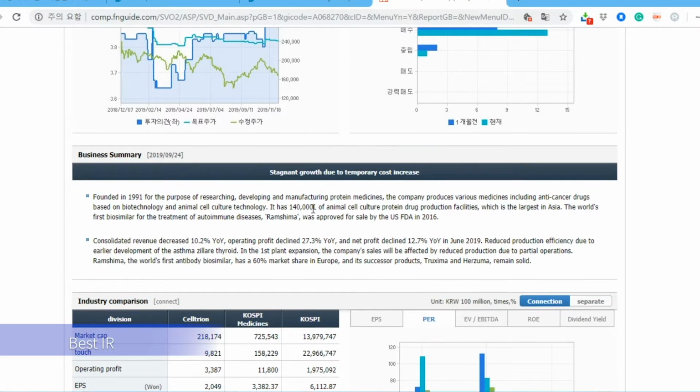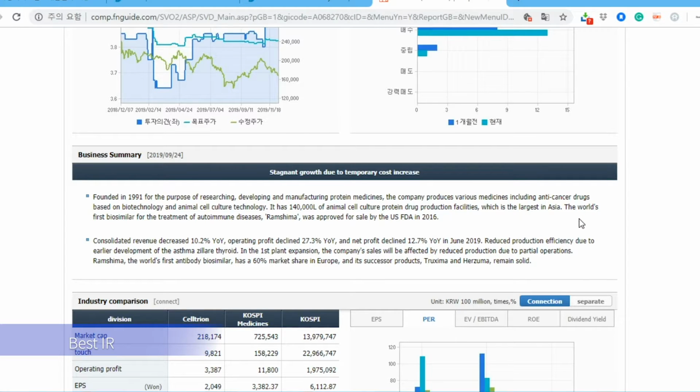So what kind of company is Celltrion? It was founded in 1997, relatively new compared to other companies. The purpose is research and development and manufacturing of protein medicines. The company produces various medicines, including anti-cancer drugs based on biotechnologies and animal cell culture. Now they have a 140,000-liter animal cell culture protein drug production facility, which is the largest in Asia.